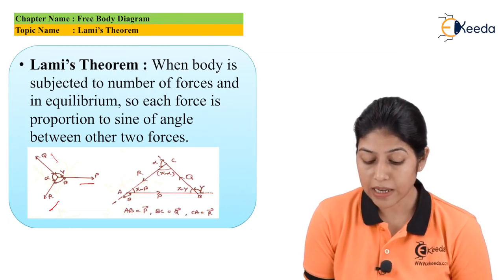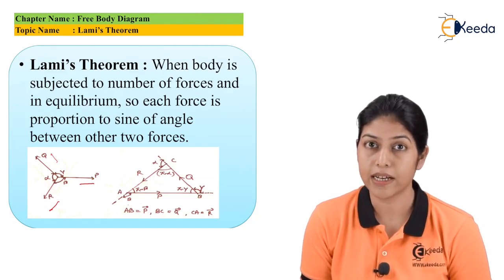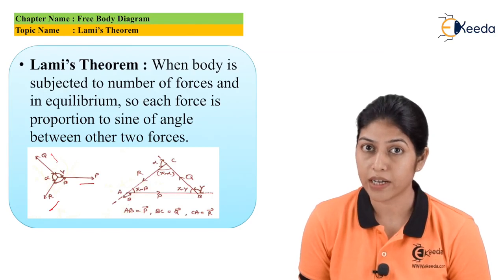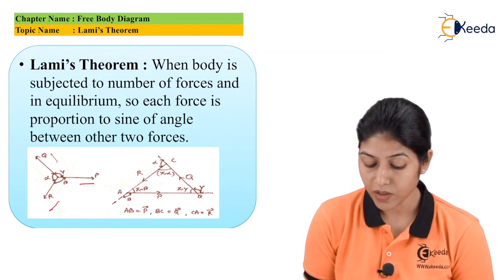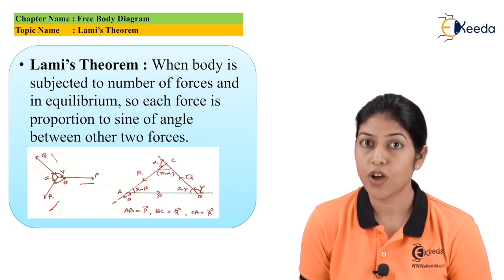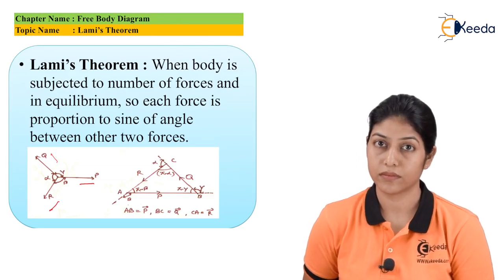Here we will convert these three forces, with the help of direction and angle, into the form of a triangle. This triangle represents the magnitude and direction of the forces.